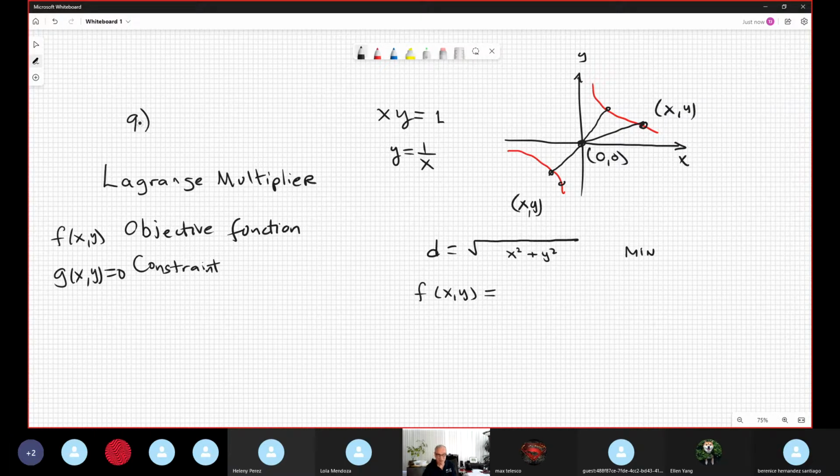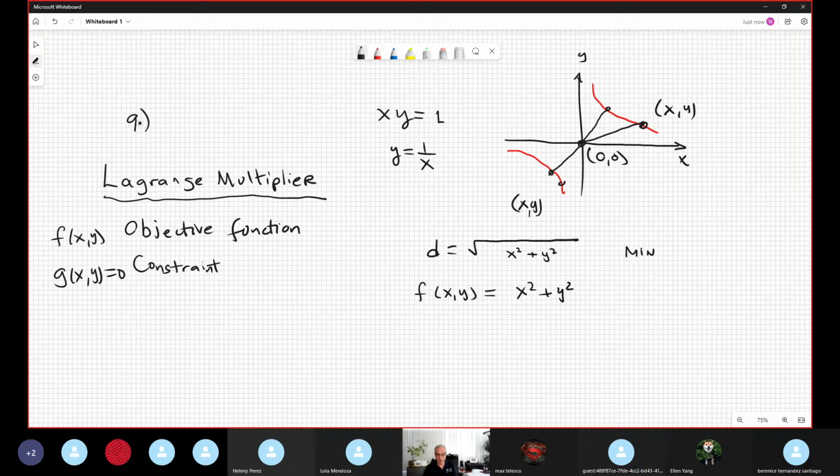This is a typical format for the Lagrange multiplier. So in order not to complicate my life, you optimize not this, you optimize d squared. I call f of x comma y equal to x squared plus y squared. This is a smart way, no?